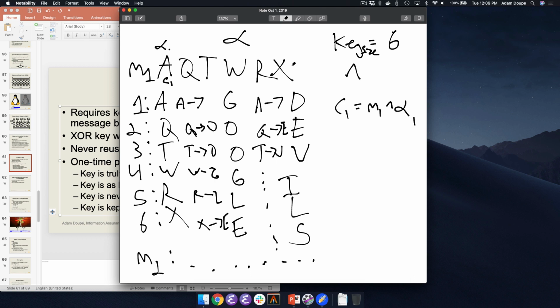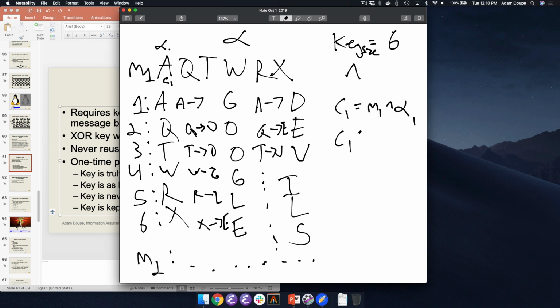So here I have the XOR operation, so I've shifted my crypto system to XOR. To get ciphertext letter 1, I take message letter 1 and XOR it with alpha, the first letter of the key. So now how do I decrypt? I have ciphertext 1, how do I decrypt?